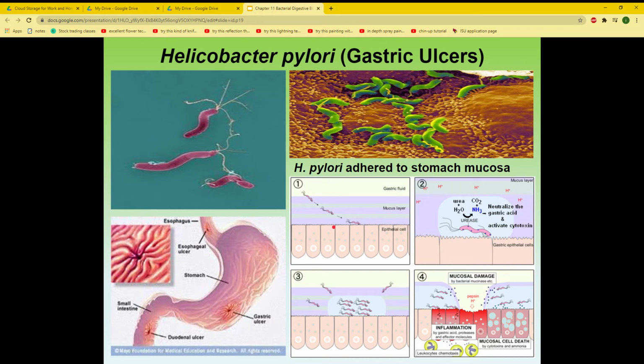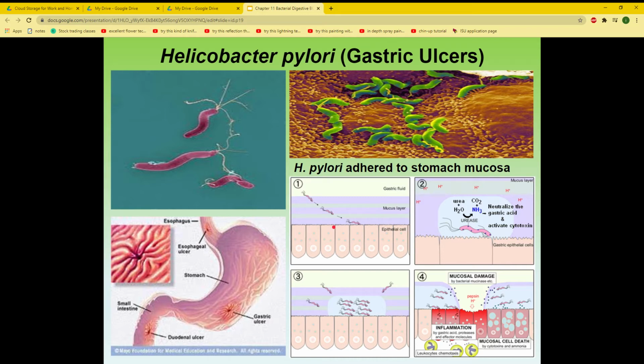Just moving on, this is Helicobacter pylori, which is really an interesting bacterium in that it is the primary cause of gastric ulcers. For a very long time, it was thought that ulcers were caused by specific acidic foods and stress and dumping lots of acid into your stomach.